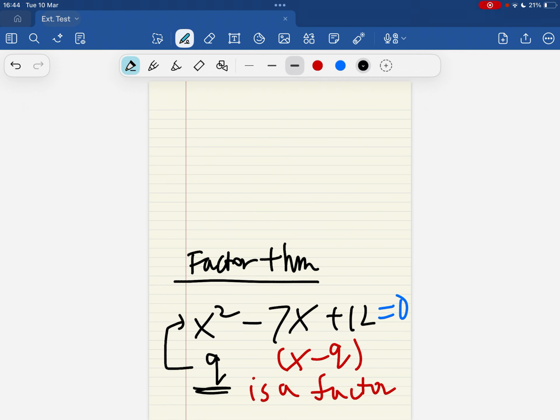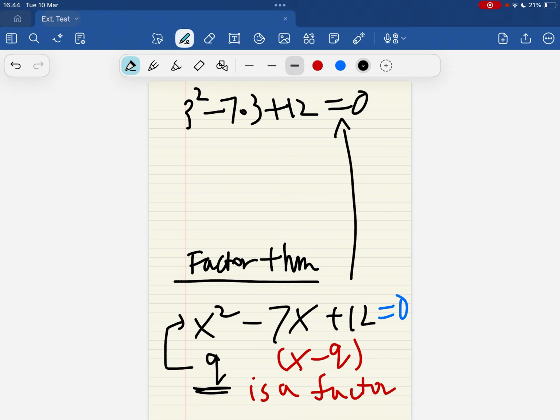Okay. Basically, for this equation, right? Let's first try something. Let's substitute q is equal to 3, right? What is 3 squared minus 7 times 3 plus 12 equal to? That's 9 minus 21 plus 12. That's equal to 0. Cool. Substituting x equals 3 makes this 0.